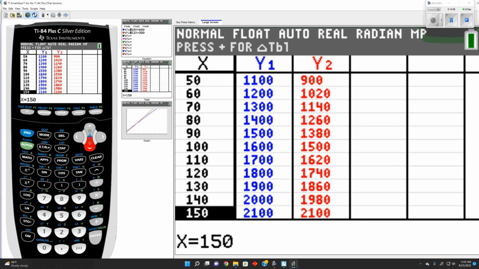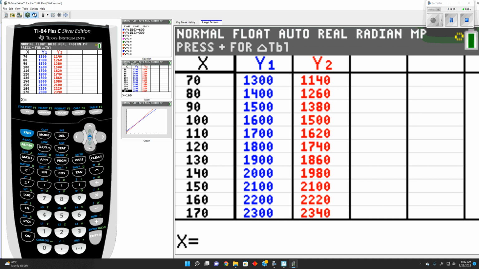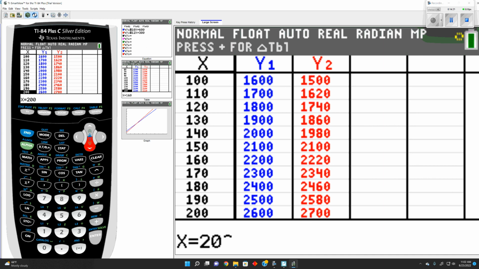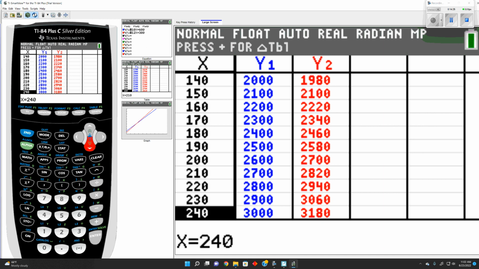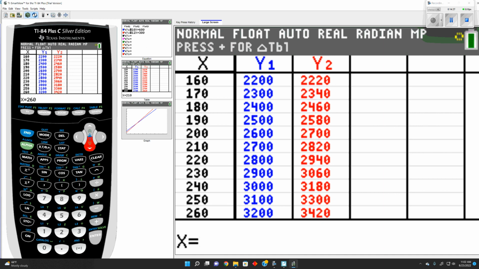Now, if we go 10 students over that, now Lakeside is $20 more. And as we keep going out, these numbers are going to get farther and farther apart.